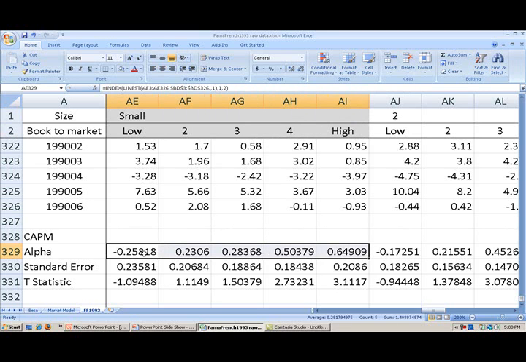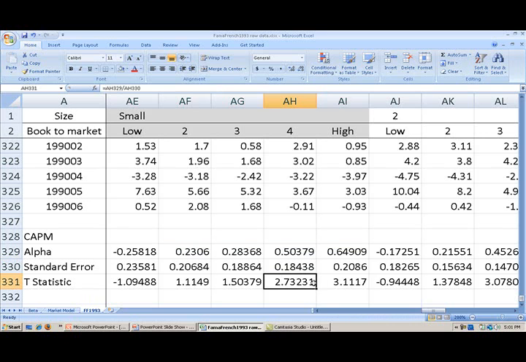As we move from low book-to-market to high book-to-market, we see exactly what Fama and French were talking about. The alpha estimate goes from slightly negative to being positive. The t-statistic goes from having an absolute value less than 2, to, as we get to the high book-to-market firms, being greater than 2.